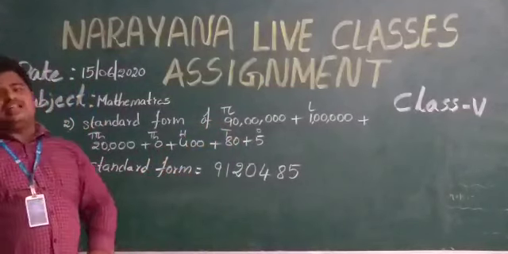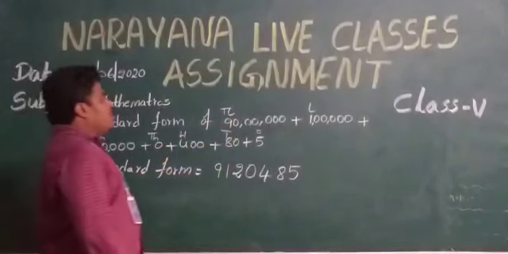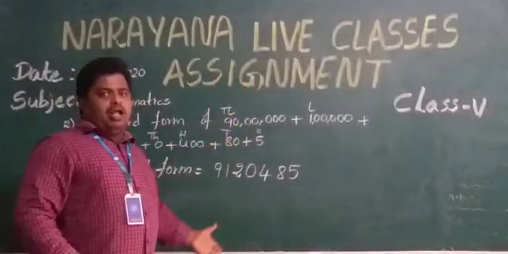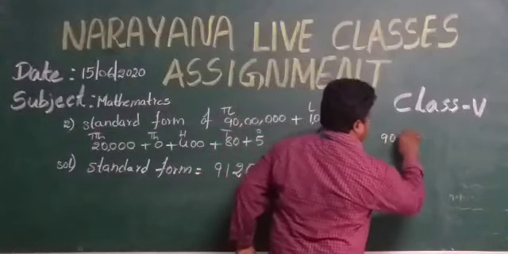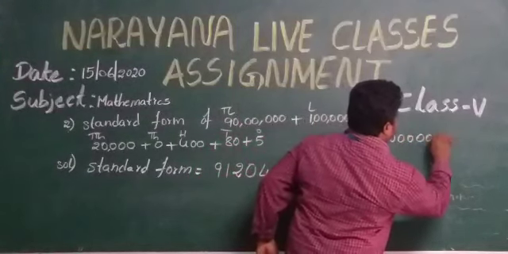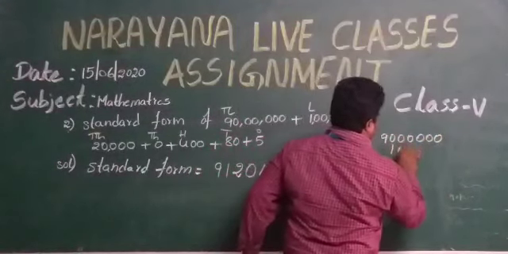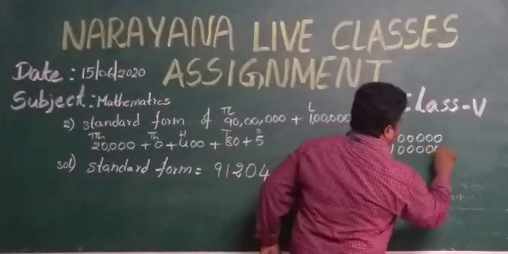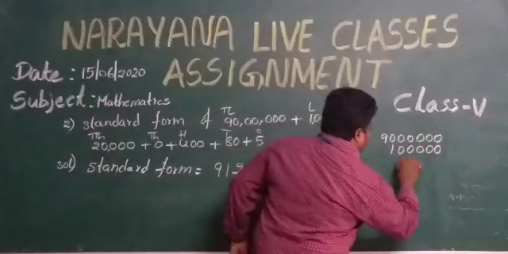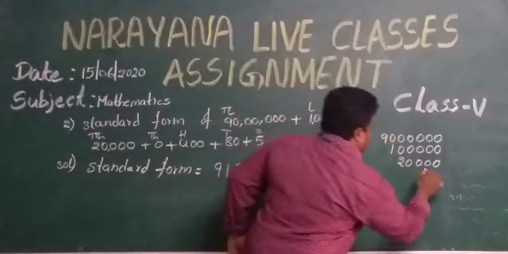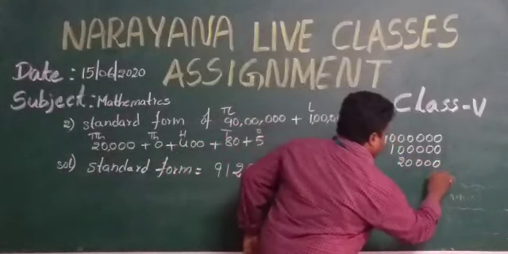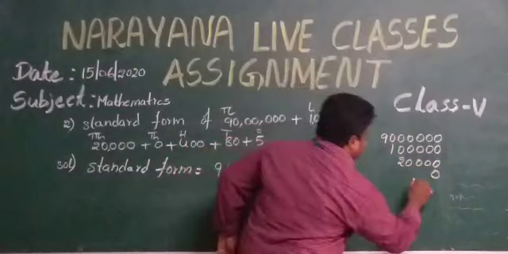So standard form is also nothing but short form. We can write by adding all the place values like this: 90 lakhs. Next 1 lakh. Next 20,000. Next thousands place 0. Next hundreds place 400.